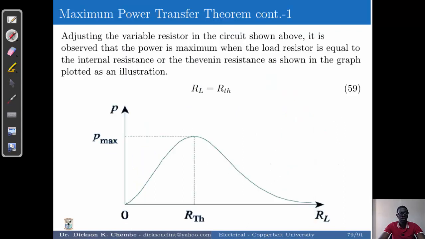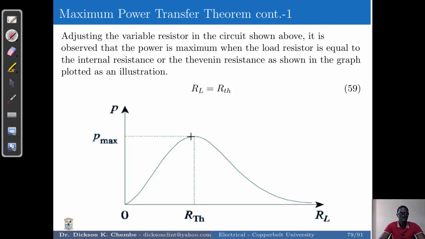When we look at the graph, when we're plotting values of the load resistance, we reach a point where the load resistance equals R Thevenin, and then we find that we have the maximum power delivered to the system.